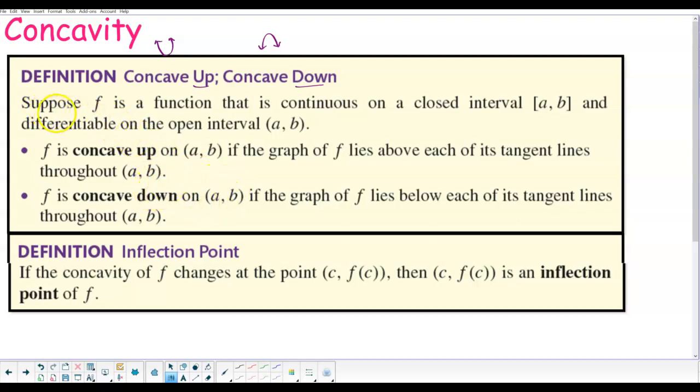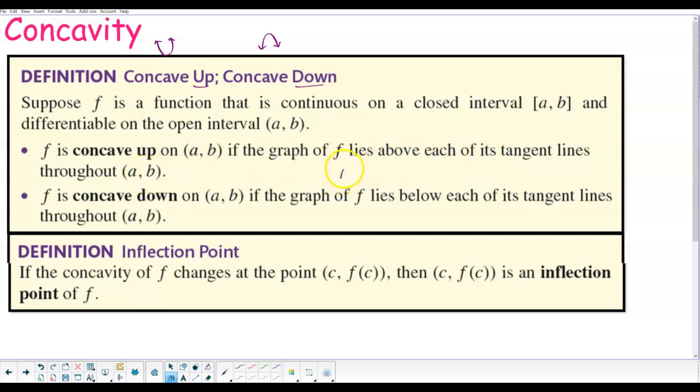Well, let's see. Suppose f is a function that is continuous on the closed interval from a to b and differentiable on the open interval from a to b. F is concave up on the interval from a to b if the graph of f lies above each of the tangent lines throughout the entire interval.